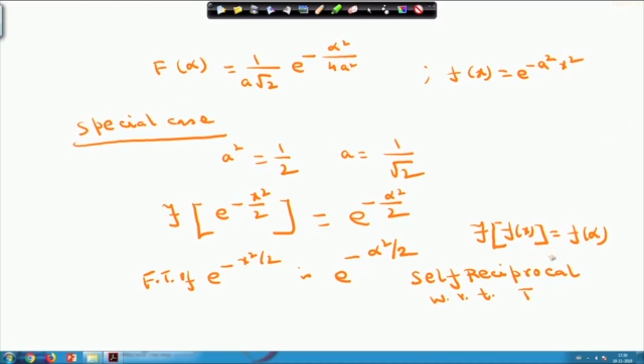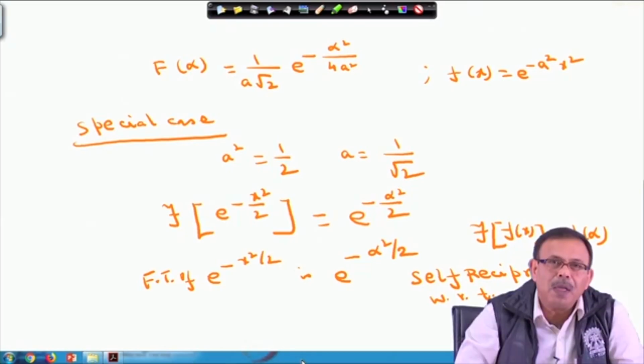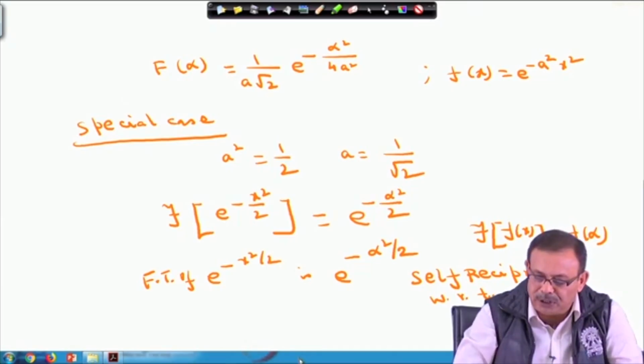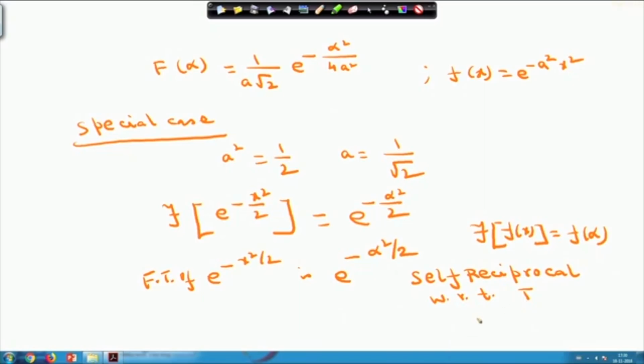So, if the transform of a function is the function itself, then the function f(x) is called the self reciprocal function with respect to whatever transformation we have done. And for this particular problem, please note that you should check it on your own, that the Fourier cosine transform of e^(-x²/2) is equal to e^(-α²/2).